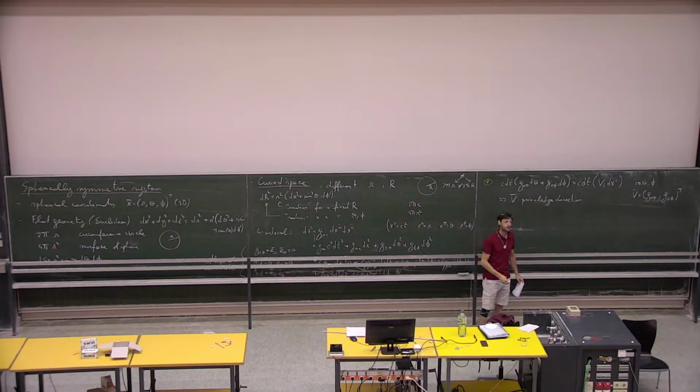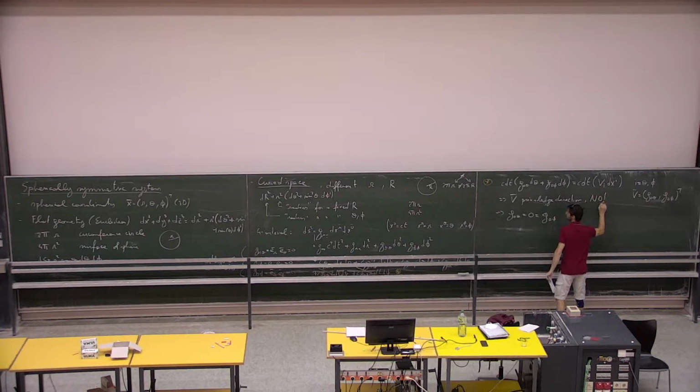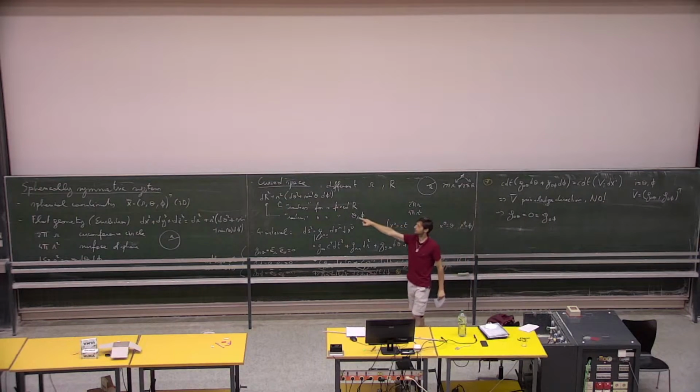This breaks the fact that all directions are equivalent, because spherical symmetry means that this direction is equivalent to this direction, and so on and so forth. But if we are saying there is a special vector, then we are breaking this assumption. What does it mean? That these two terms must be equal to 0, because we are assuming spherically symmetric systems.